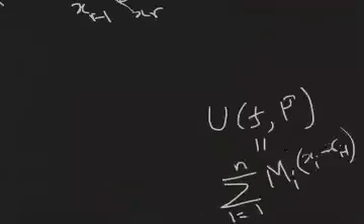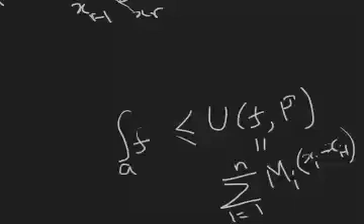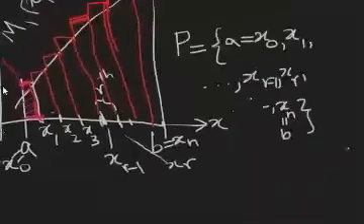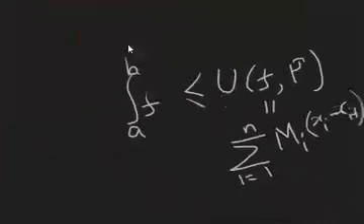Let's denote the area under the curve over the AB interval by the integral of f over a to b. This value is less than or equal to the upper sum of f corresponding to any partition P, right?